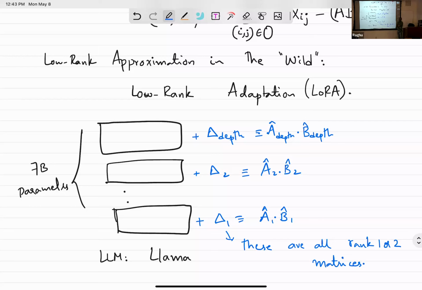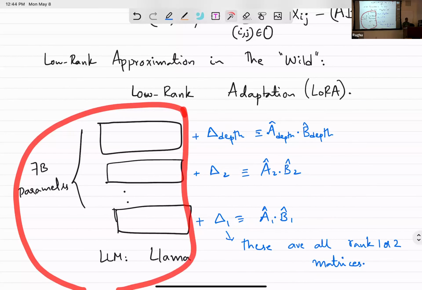So by doing this, people reduce the number of trainable parameters from 7 billion to something like 1.1 million, 1.2 million. And it seems to give you pretty good performance. There are a lot of open source efforts which obviously cannot afford the millions of dollars needed to run even a single cycle of training on these things.